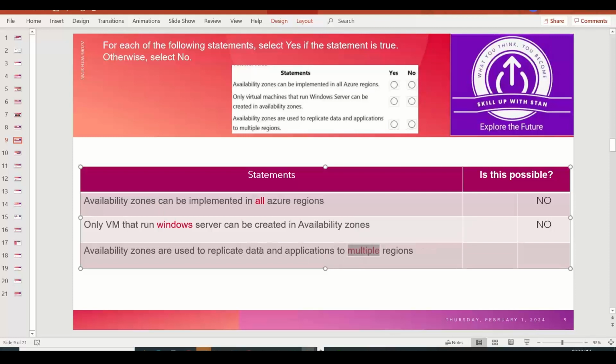So multiple regions is also something distracting, and it is not a solution for replicating your data. So the answer is no. Interesting, all three questions have the answer no. So availability zone is a physical data center. It has nothing to do with multiple regions or replication.